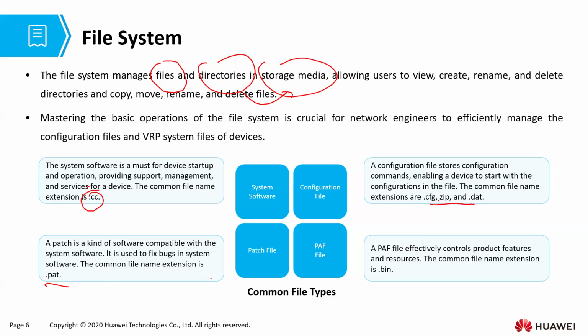Then we have PAL files. These are called product activation files, which are basically used to enable license functions on my devices, using the file extension .bin.